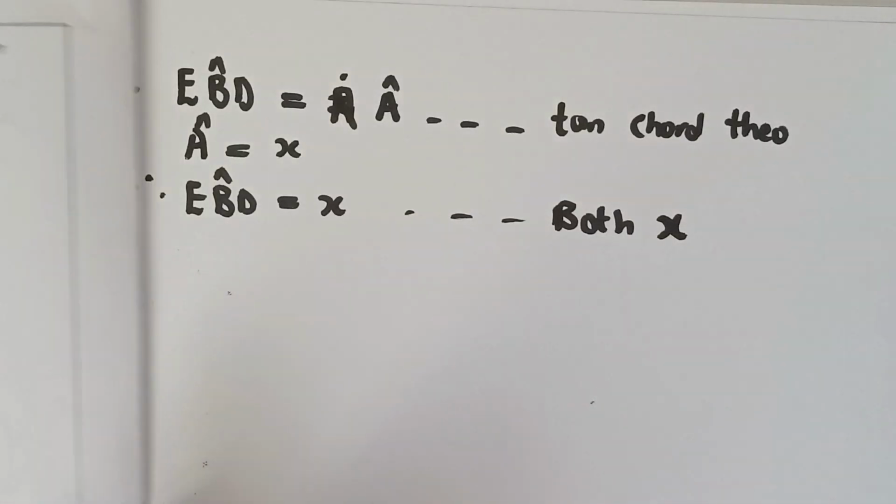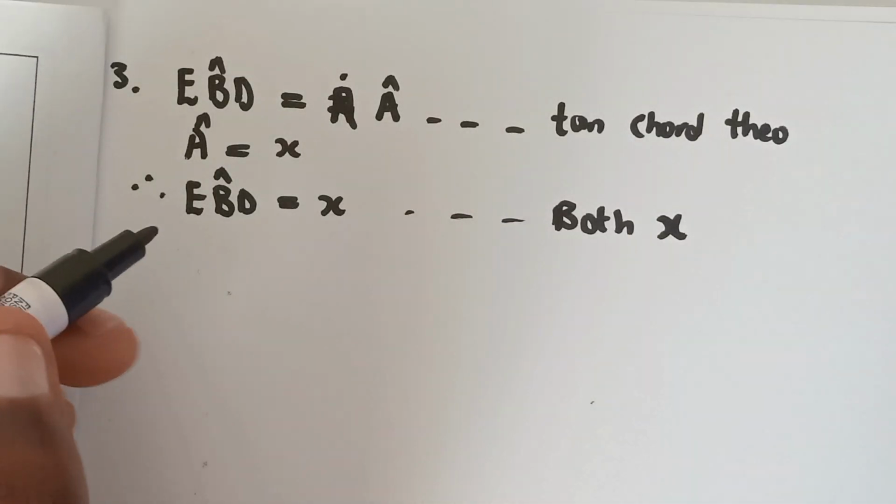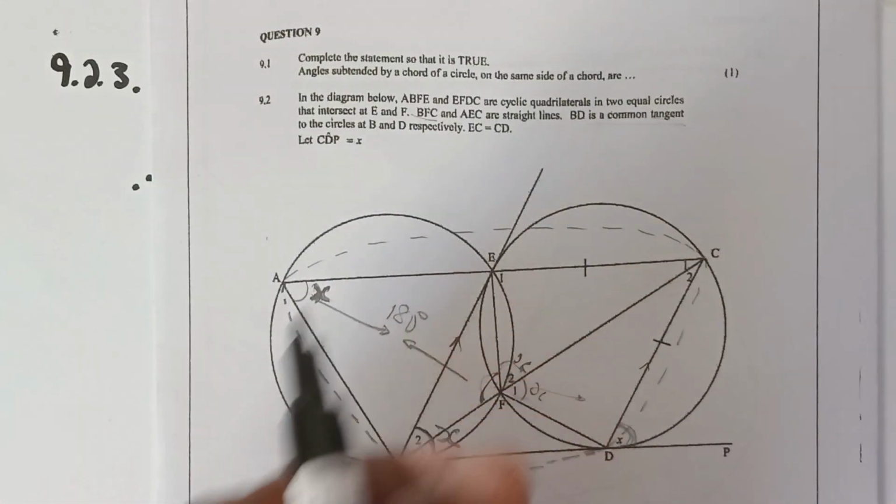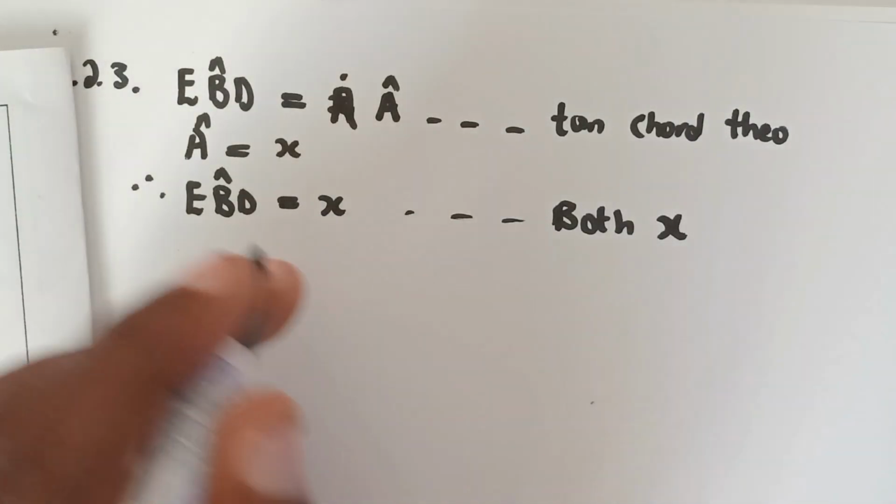So if they are corresponding with each other, it means that EB is parallel to CD. We can just say so.